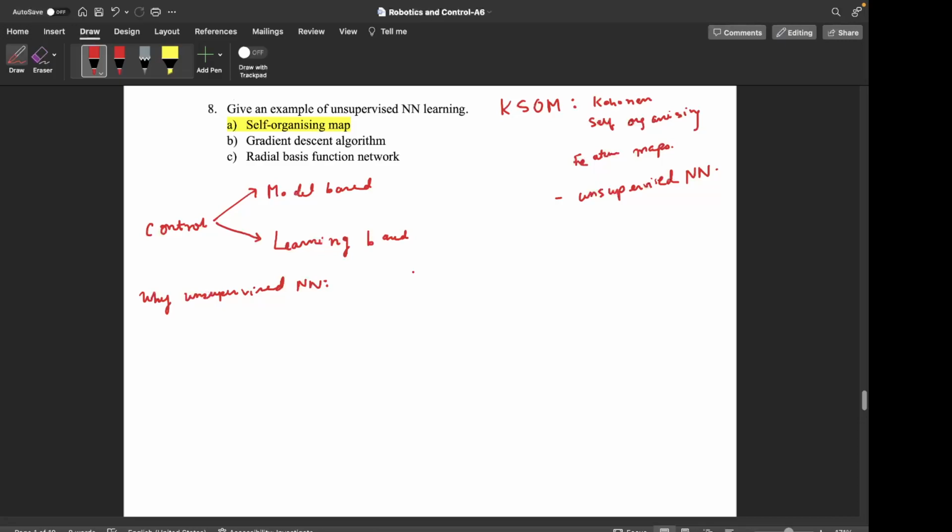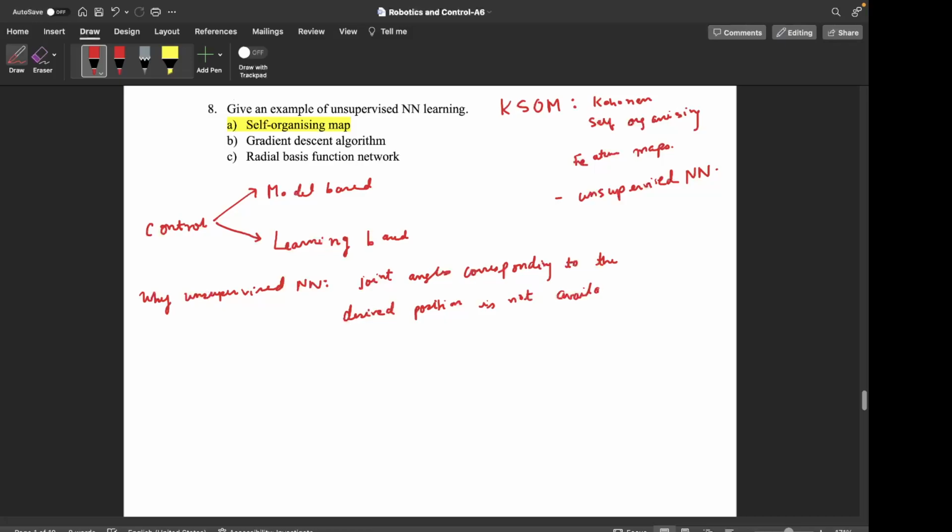And in that we use KSOM, right? So why unsupervised? Because the joint angles corresponding to the desired position is not available.